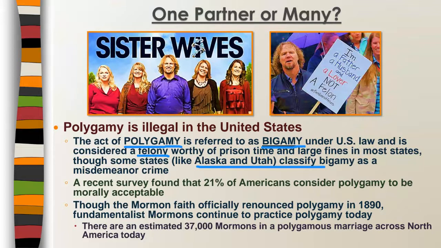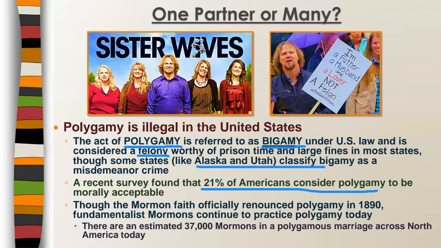However, a recent survey found that about 1 in 5 Americans consider polygamy to be morally acceptable if everyone in the relationship agrees to it. And even in our country, even though bigamy is illegal, there's actually a pretty large religious subculture of Mormons who continue to practice polygamy today.